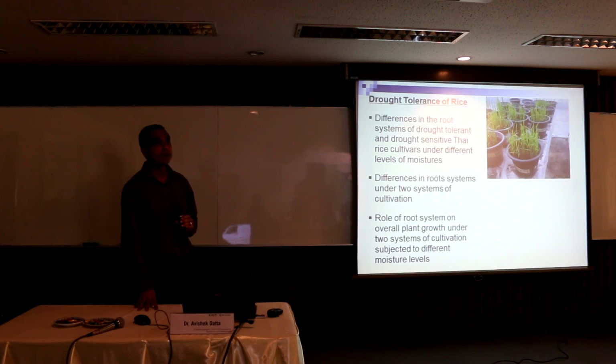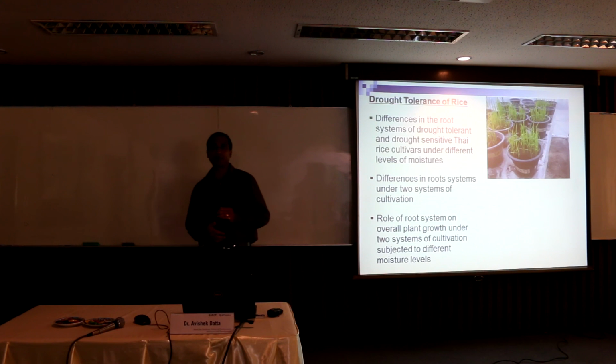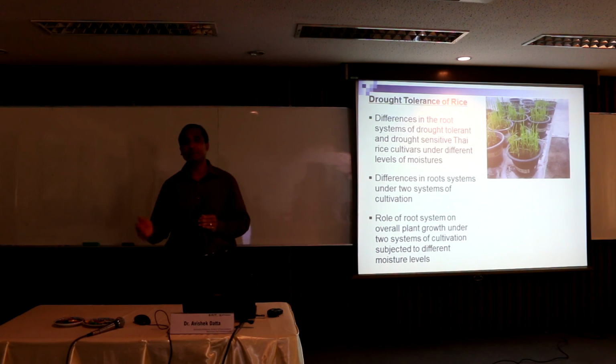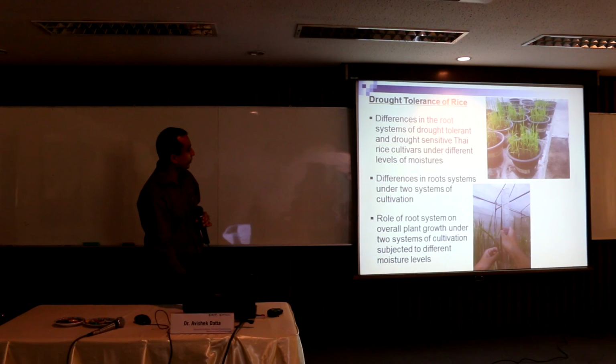So how is the impact of drought going to affect the overall rice crop, because we are all talking about high-yielding varieties, hybrid varieties, but without water nothing works. So how will it impact the overall rice plant? Because based on that, we also have to select different varieties based on their performance in less and less water.